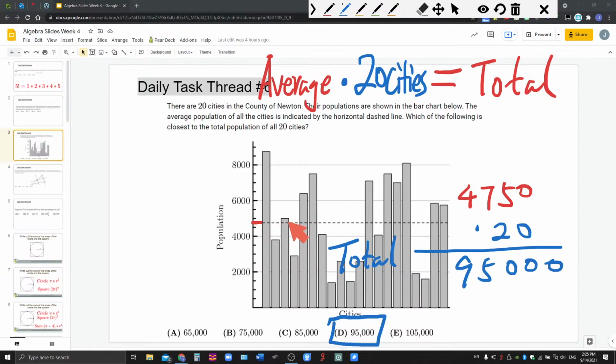Okay, so two ways. If we can be accurate with the data from the graph, then we can get accurate with the result. Even if we cannot be so sure about the 4,750 value, we can still determine a range, between 90,000 and 100,000, and we can also confirm the answer, which is D.